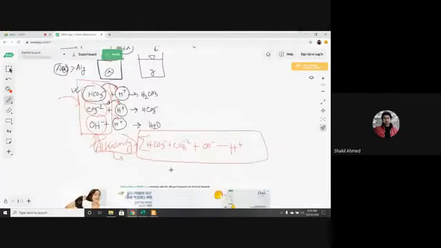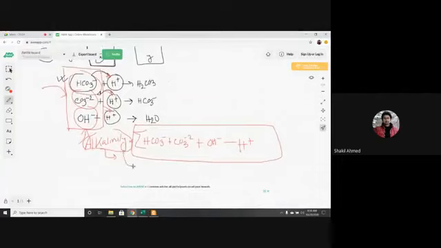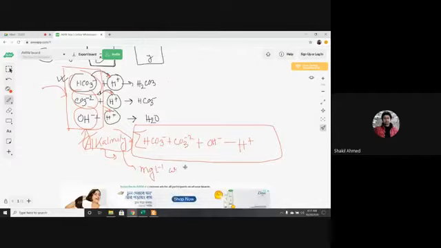The unit is milligram per liter as calcium carbonate. That means you convert the weight of bicarbonate to equivalent calcium carbonate, then you convert the weight of carbonate ion equivalent to calcium carbonate. Hydroxyl similar, and hydrogen similar.